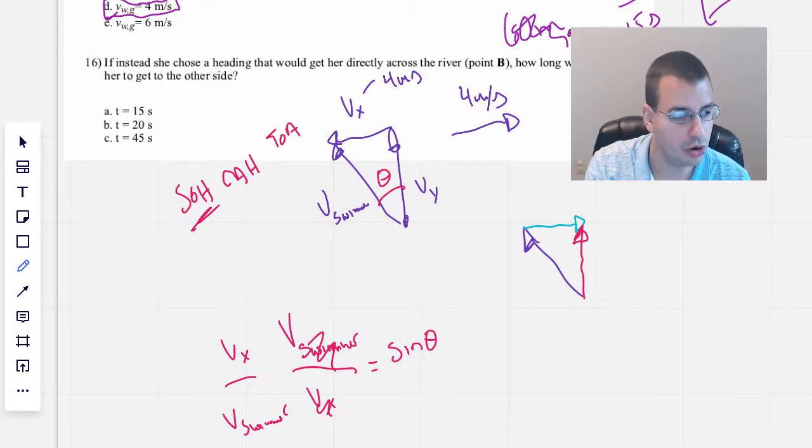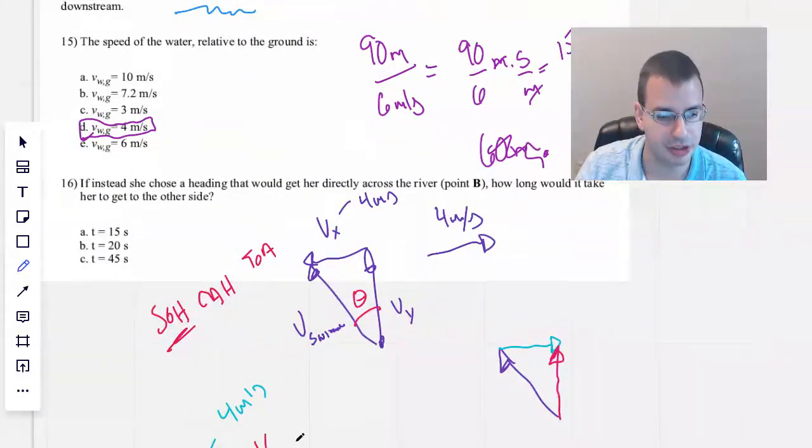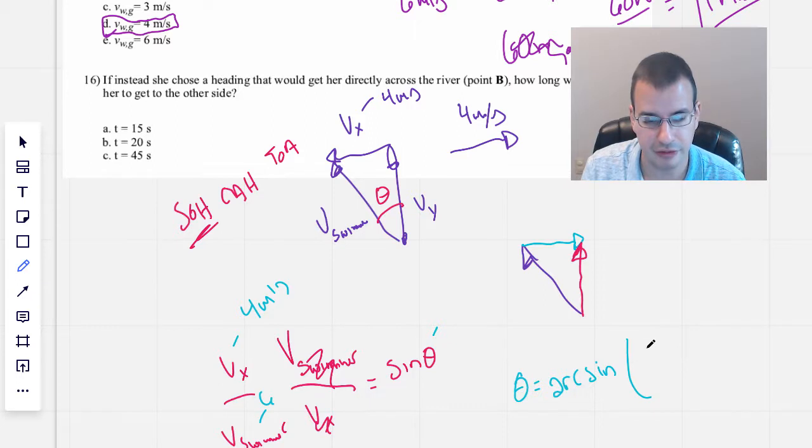We know Vx, that's going to be the 4 meters per second. We know V swimmer, that we were told was 6, which is still very impressive. And we're trying to find theta. So theta equals arc sine of 4 divided by 6, which I'm going to call 2/3.